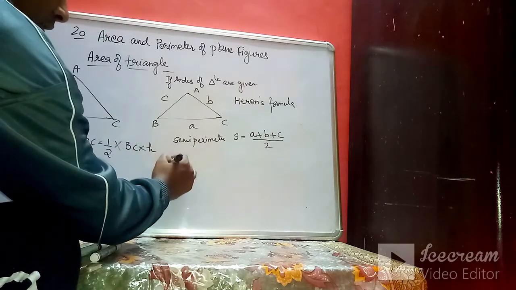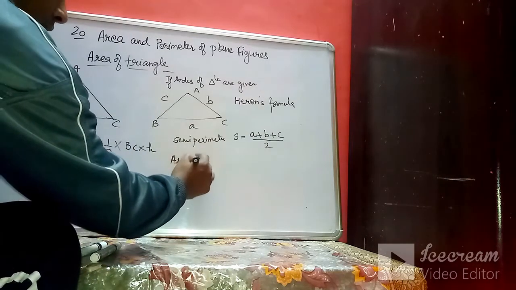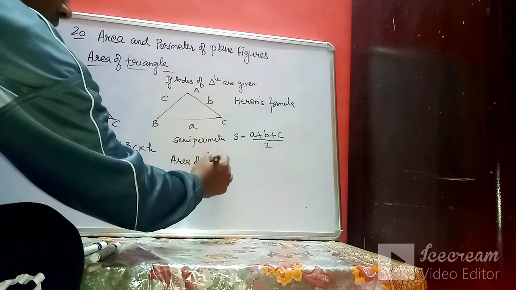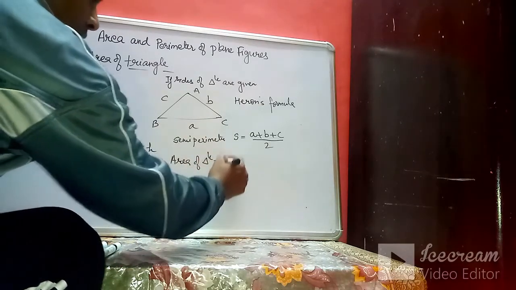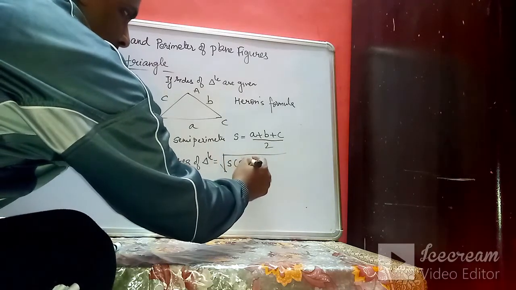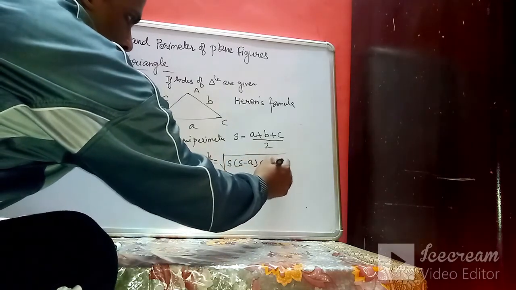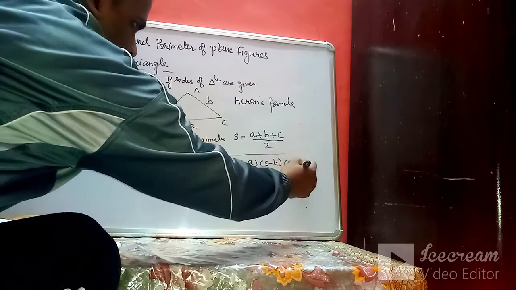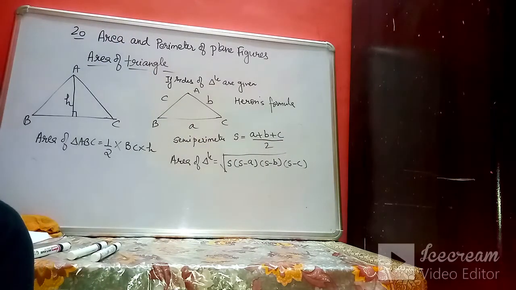Then area of triangle is equal to under root s minus a, s minus b, s minus c. Okay, so this is known as Heron's formula. And when to use Heron's formula? Whenever the sides of the triangle are given.